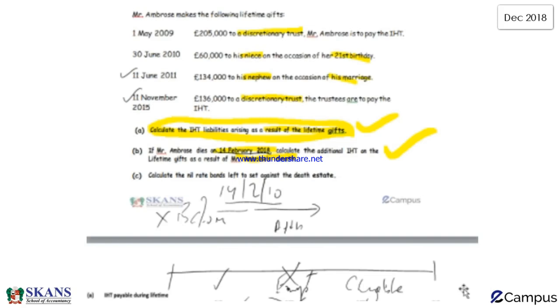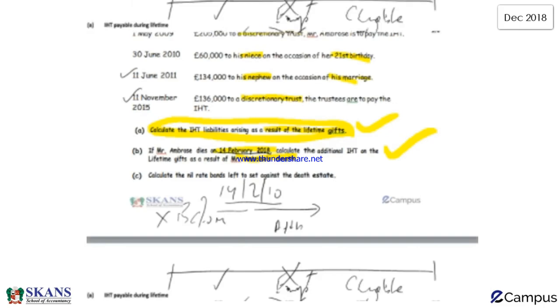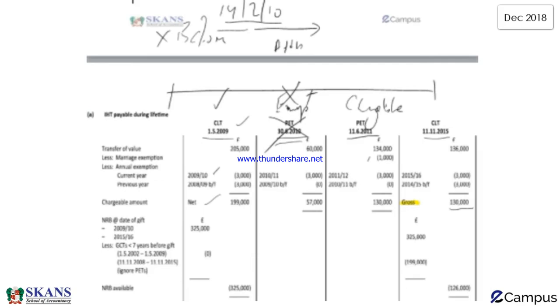In order to learn that, we should consider giving an answer to part C. Part C says we have to calculate if there is any nil rate band left to set against the death estate. For that, candidates must consider if there are any chargeable transfers within 7 years from the date of death.